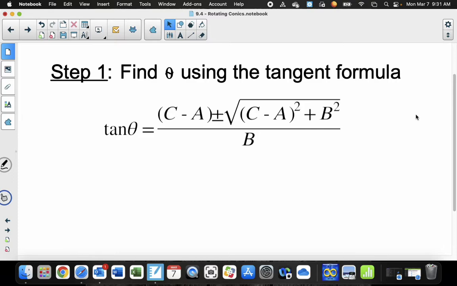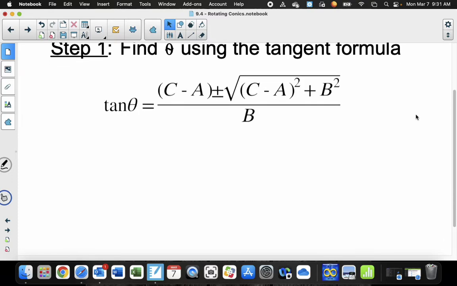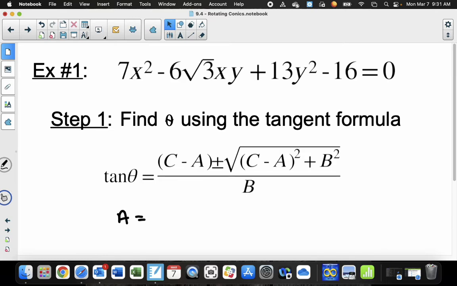Okay? So if we notice, first thing we need to identify are what's a, b, and c in this problem. So a in this case, we said a is just the coefficient of x squared. That's the 7. B is the coefficient of xy. That's the negative 6 square root of 3. Don't forget the negative. Again, details.